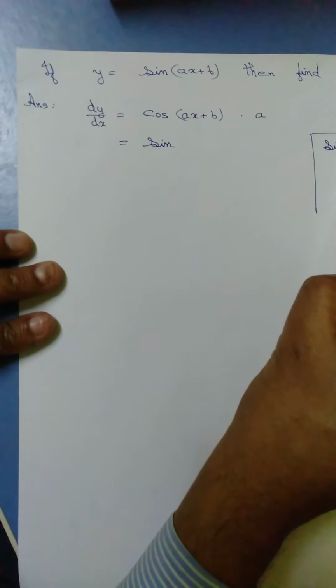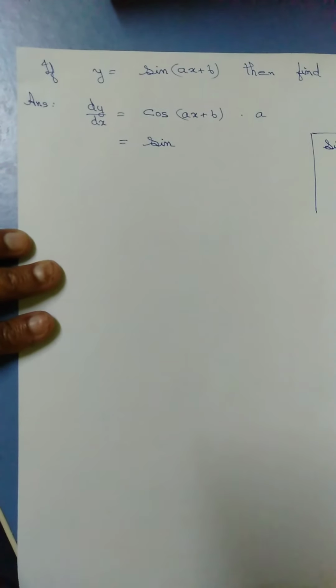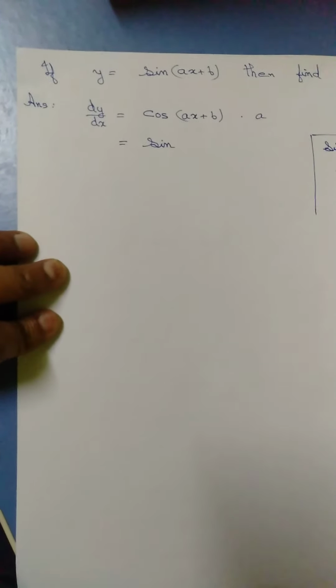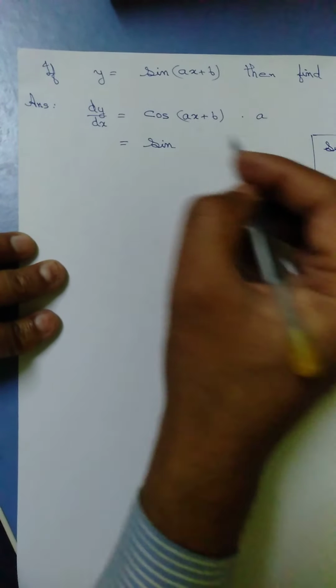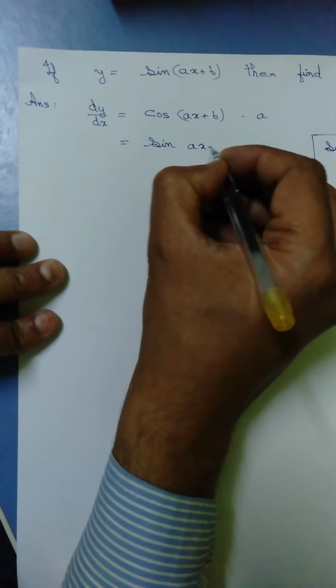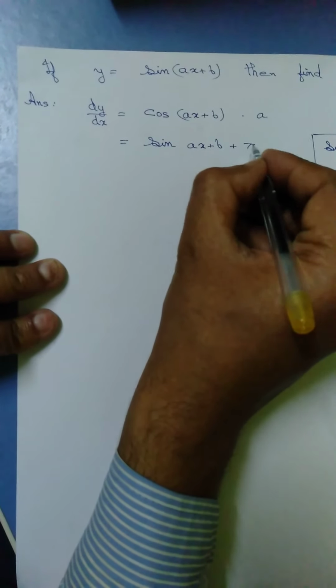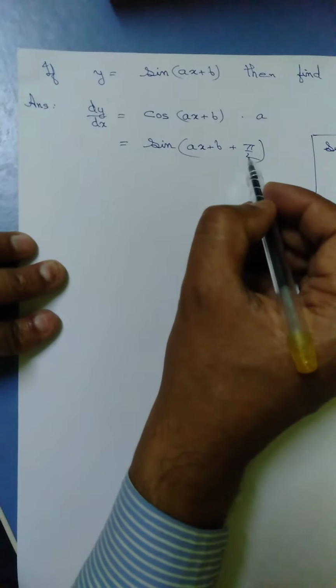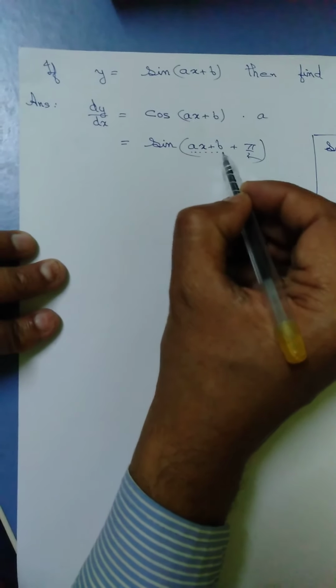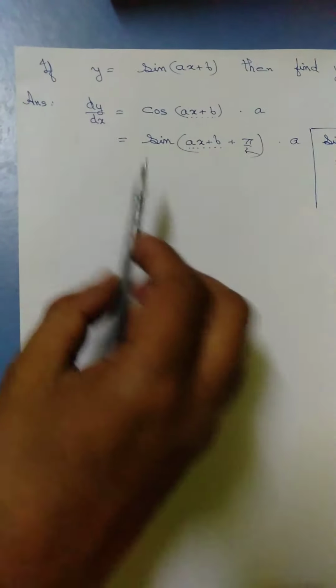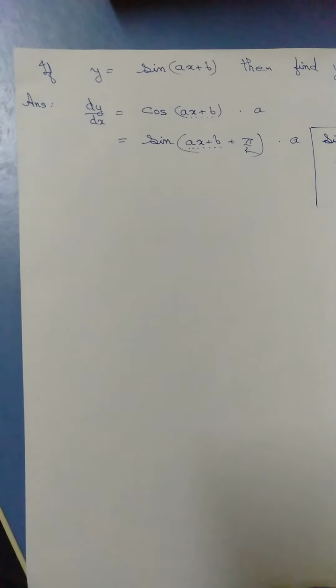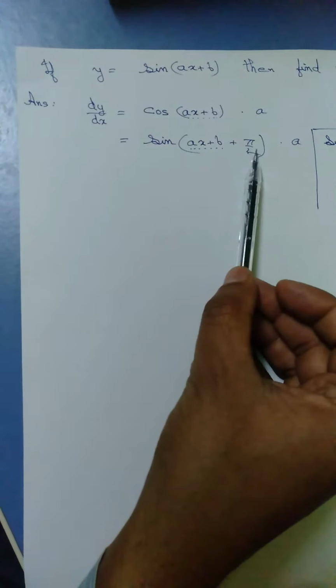In calculus, we don't write degrees, we work in terms of radians. 90 degrees is pi by 2 radian. So sine of ax plus b plus pi by 2, times a. Sine of 90 plus theta gives you cos theta. So dy by dx we have expressed in terms of sine. Only thing is the angle has increased by 90 degrees.